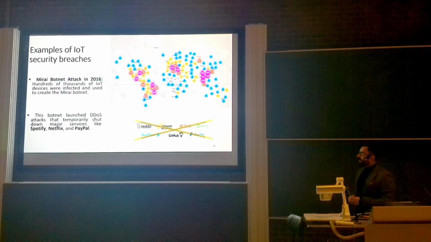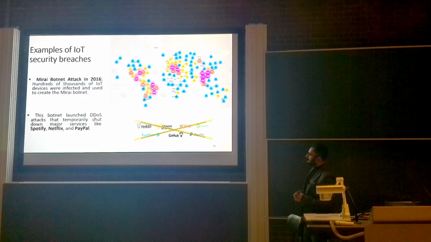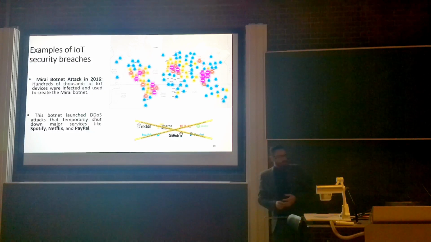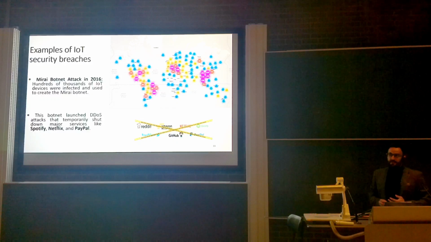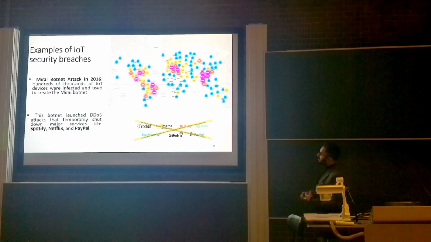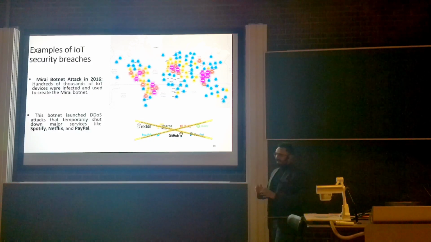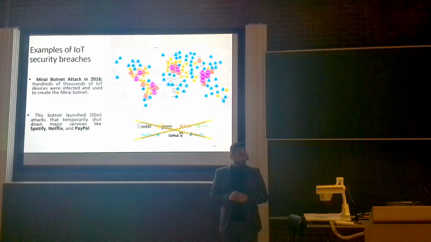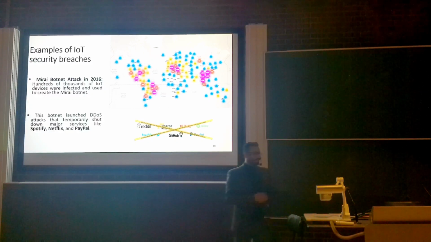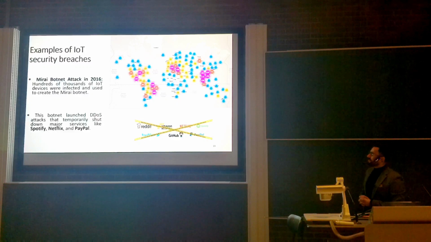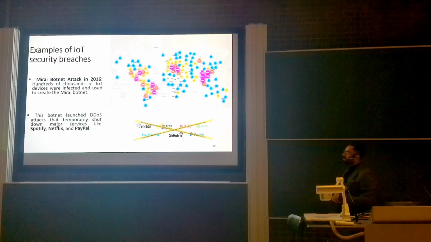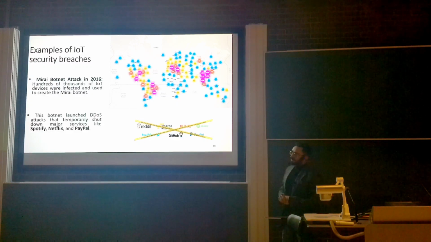They were able to target servers for Amazon, Twitter, Netflix, Spotify, and PayPal, and take them down for a couple of hours, I can't remember the exact time. It took the whole server and the services down, purely by overwhelming the network with random requests and causing those services to go down.